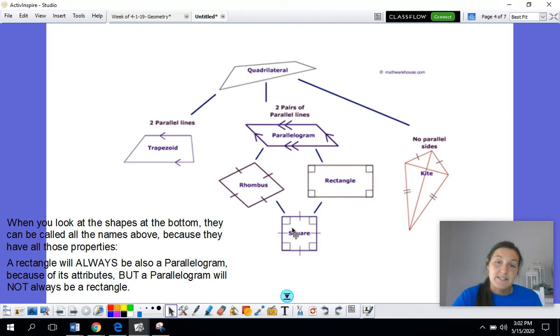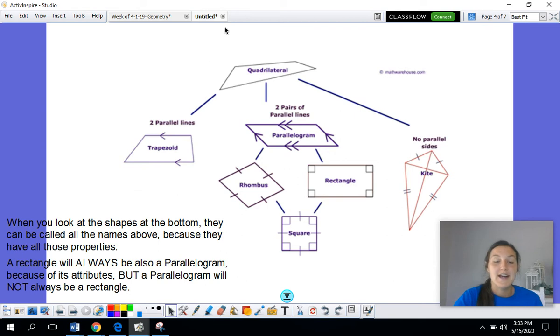Again, this is very similar to my candy one. What's on the bottom can fit into the categories it's connected to as you go up. So technically, a square is a rectangle, it's a rhombus, it's a parallelogram, and it's a quadrilateral. It can be named all 4 of those names because its properties have everything those have.